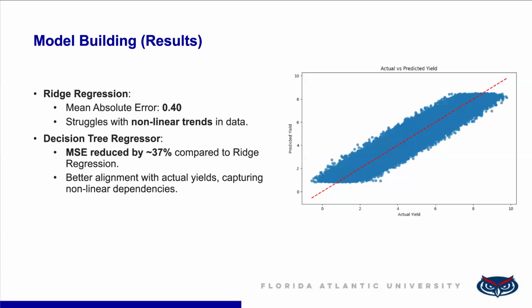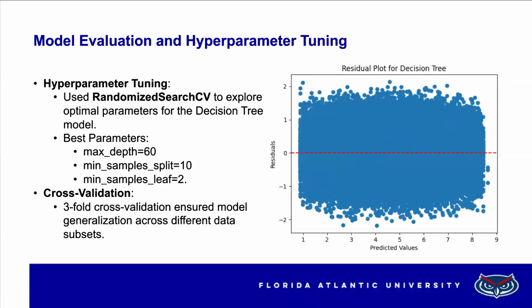If you talk about the mean absolute error, then ridge regression struggles with the nonlinear trends in the data, while decision tree reduced the mean absolute error by almost 37% compared to ridge regression, which is better alignment with the actual yields and captures the nonlinear dependencies as well.